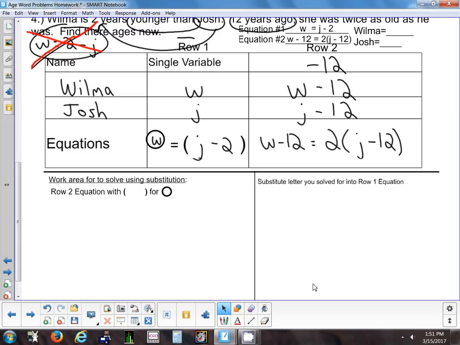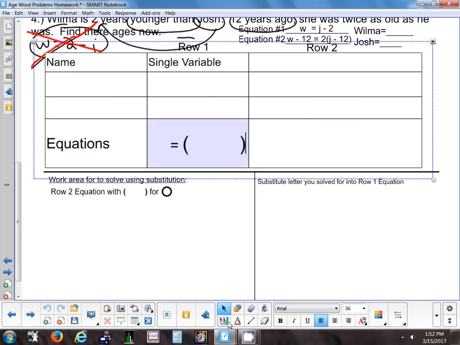What letter am I going to substitute for? Take the W that's in the second equation, and then you're going to substitute it for the first equation. So what am I going to put here? J minus 2. Good, Shannon.